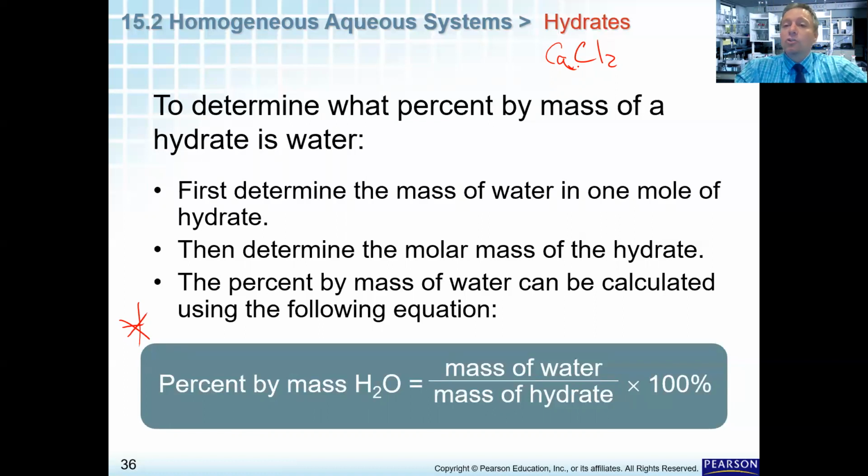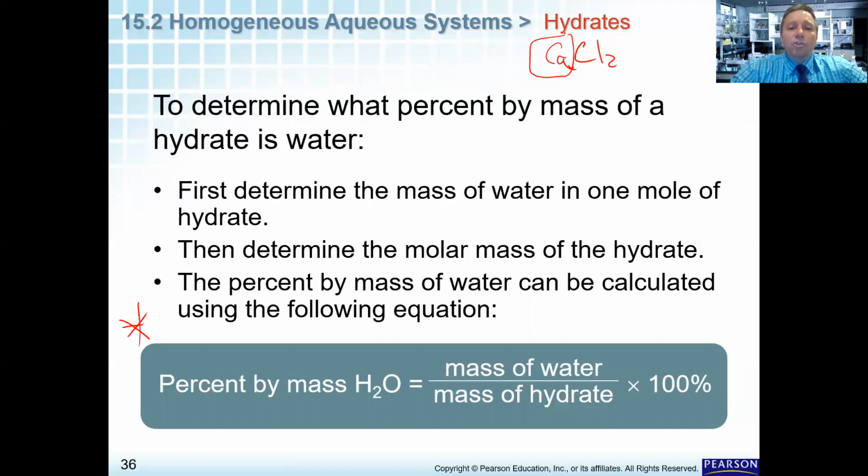What you do is you take the mass of the calcium divided by the total mass, and you'd be able to calculate the percent composition of calcium in calcium chloride. So the same principle works with this.